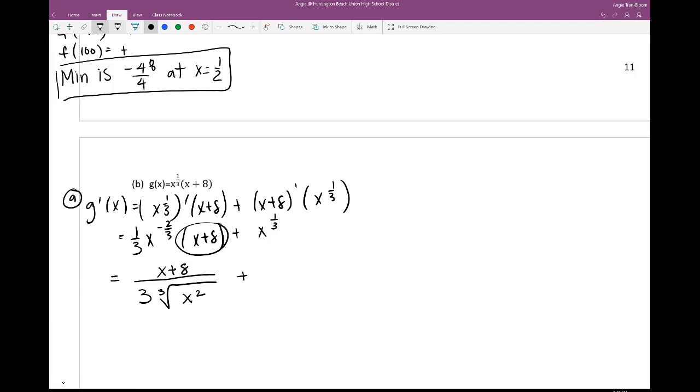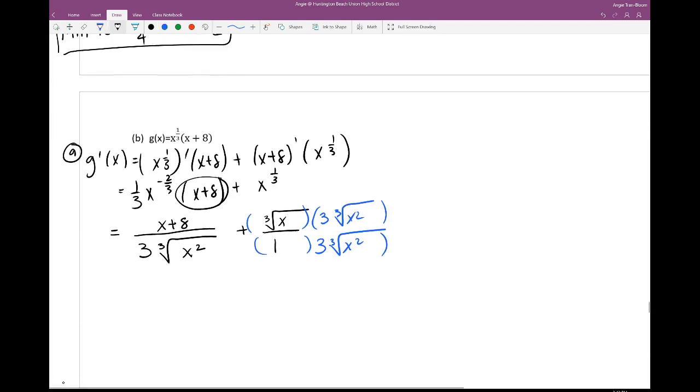Plus over here, can I say that that's the 3rd root of x over 1? I'm going to find a common denominator. So on this side, I would now have to multiply by 3 times the 3rd root of x squared. Denominators are now the same, so now I can just put it over one common denominator.